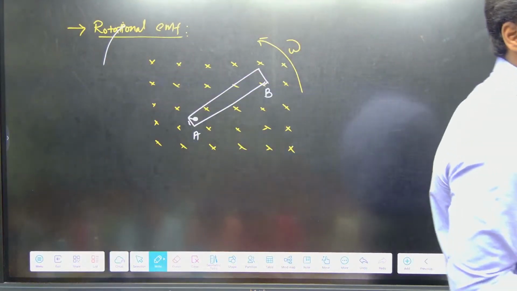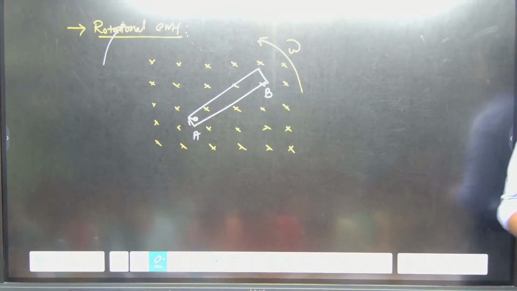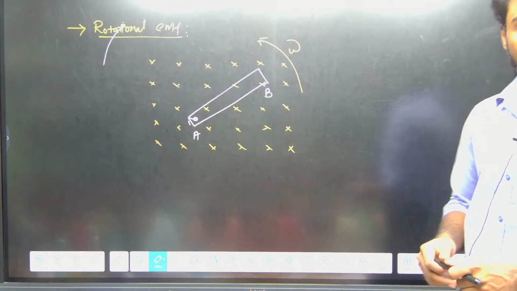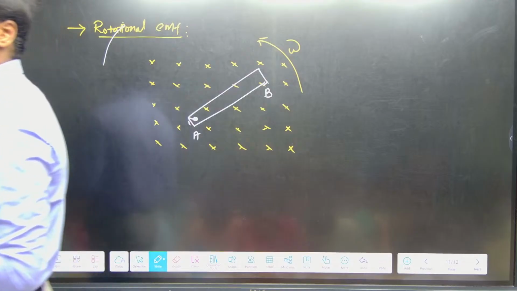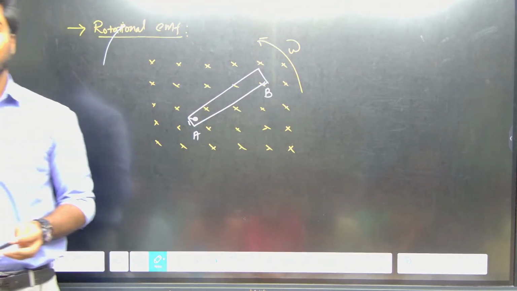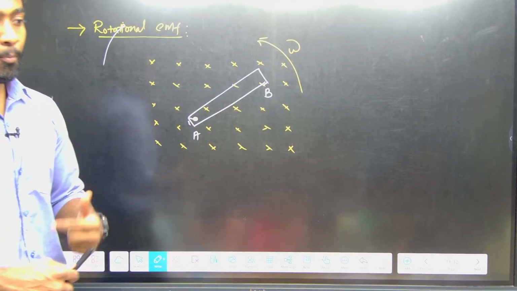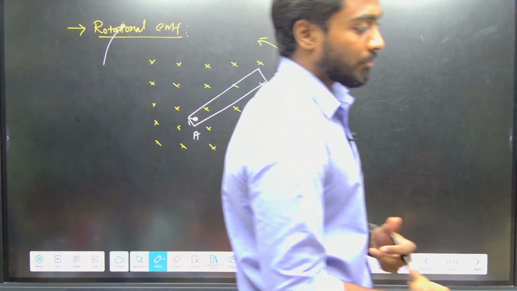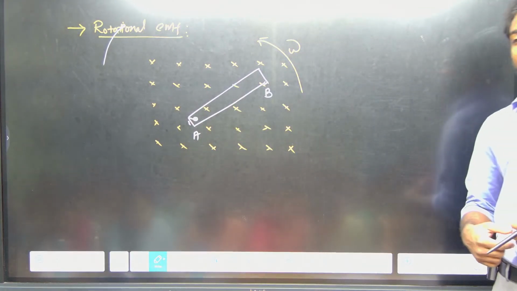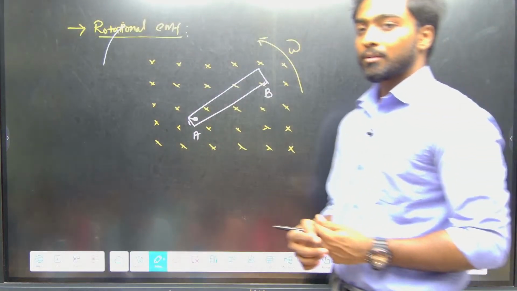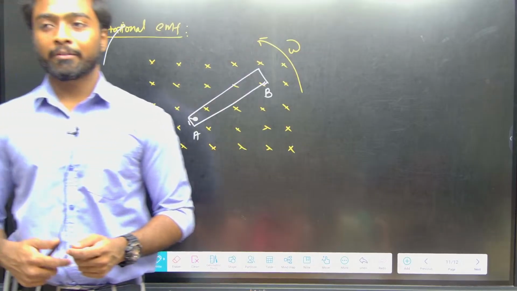the object cuts the magnetic field. Next point, since there is a change in magnetic field, flux has been created.